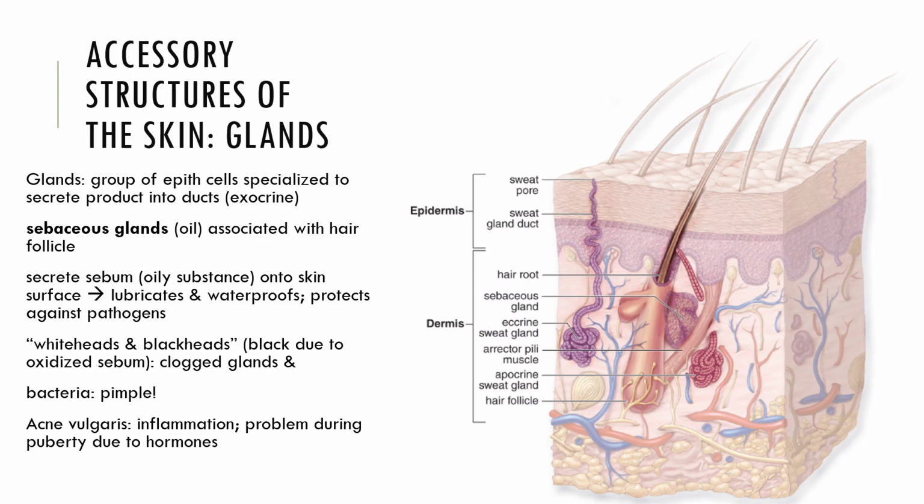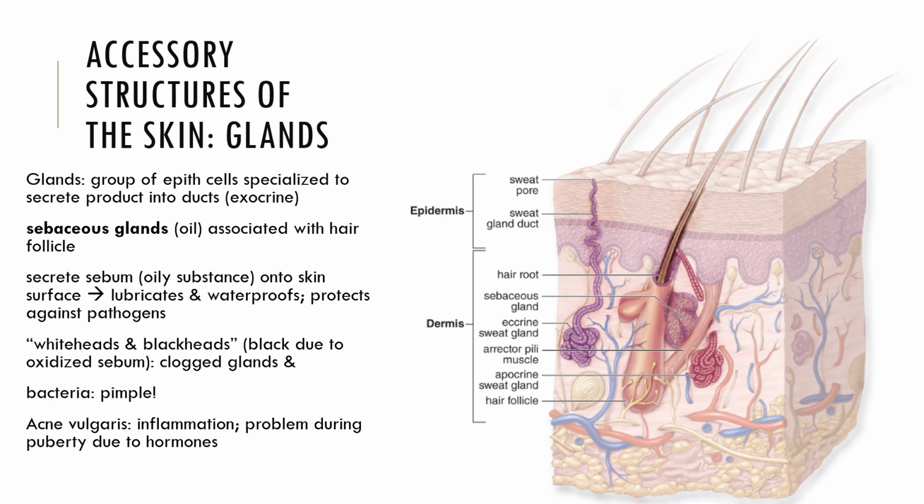Next we have sweat glands. They're sometimes called sudoriferous glands. These are tubular structures that are divided into three main types. So we have three types of sweat glands.